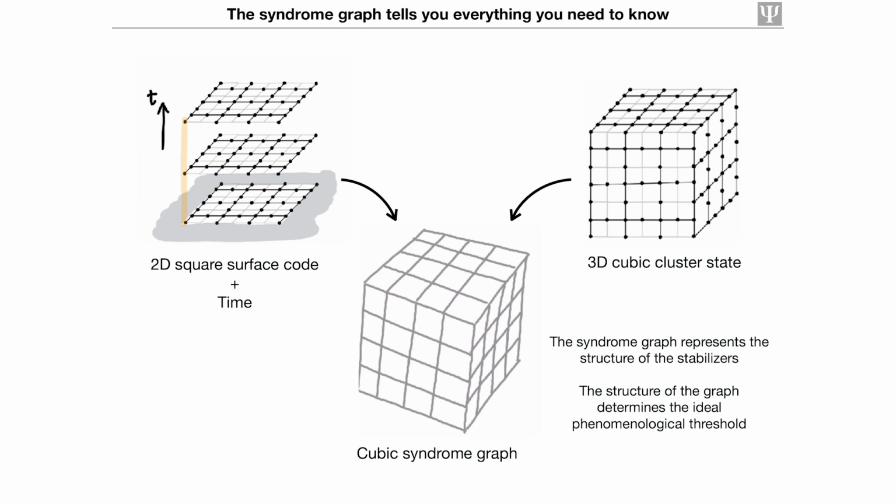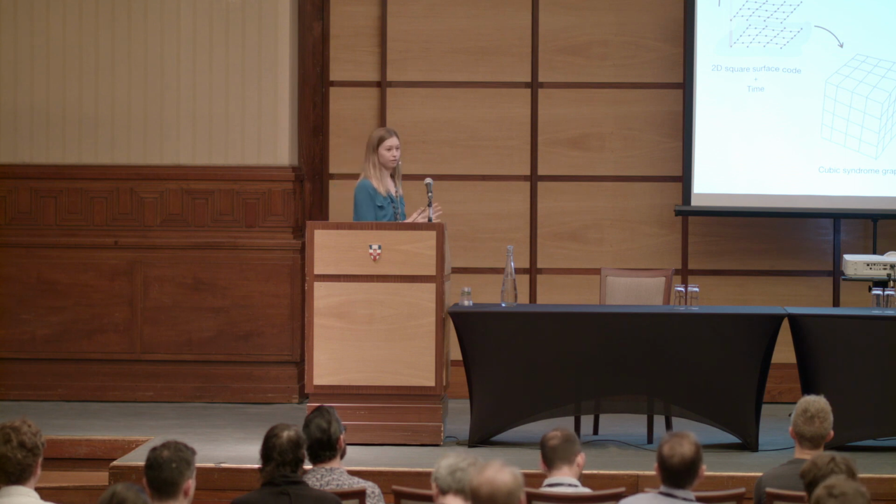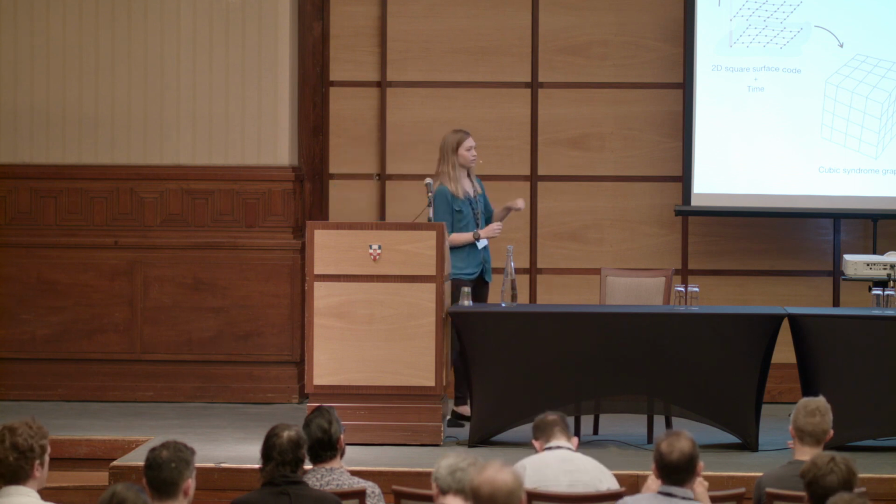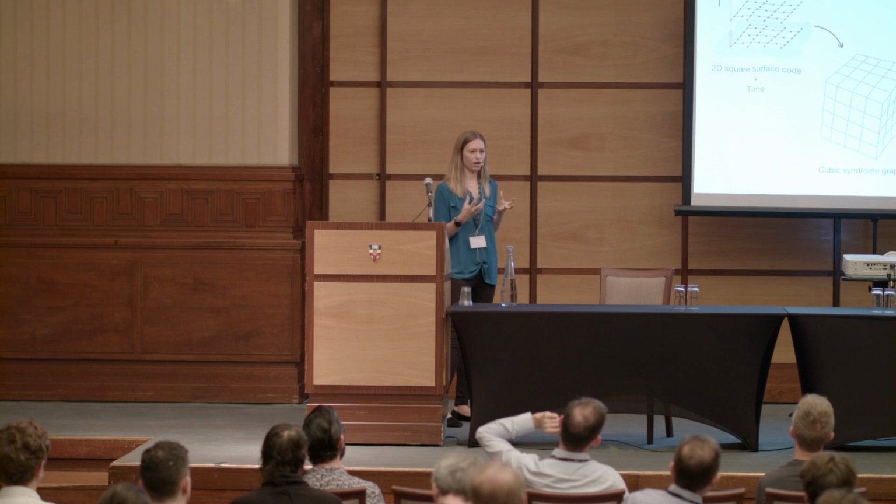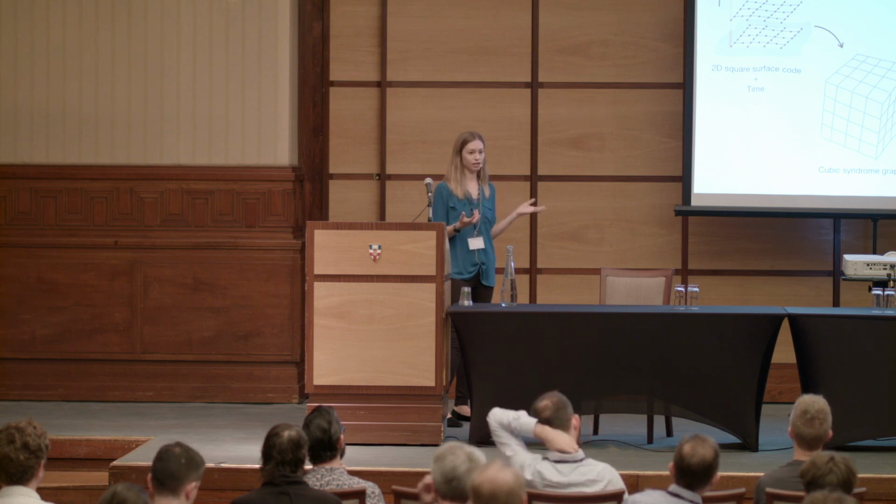Okay, so I'm not going to talk in detail about the construction of the cluster state. You can see by eye that it looks very similar to the 2D surface code in layers, and you can convince yourself by going through that all the stabilizers match up. But conveniently, you don't really need to understand the details of the structure of the cluster state, because there's a much simpler description of both of these things through what is called the syndrome graph, a description of the relationship of the parity checks of the code.